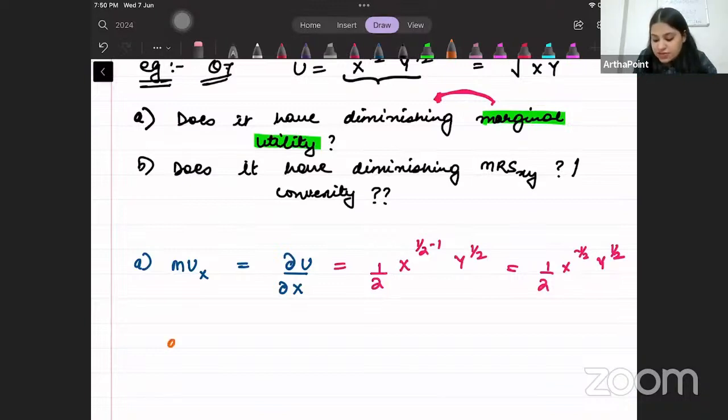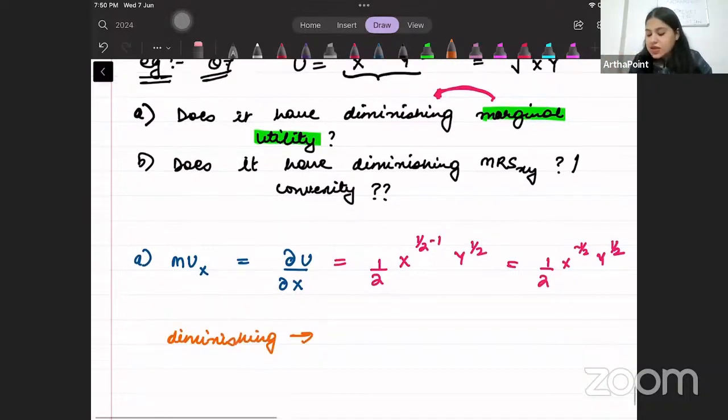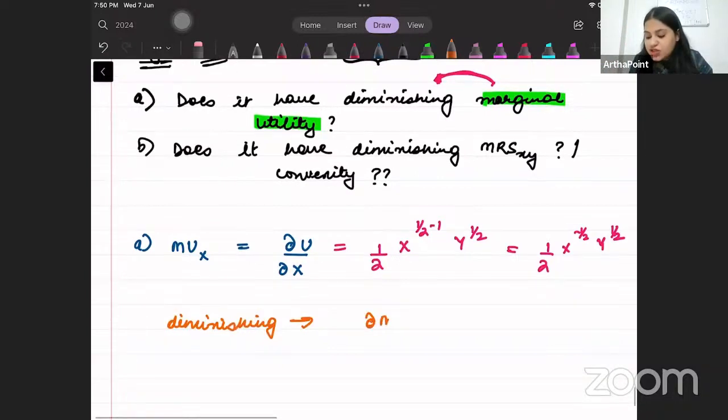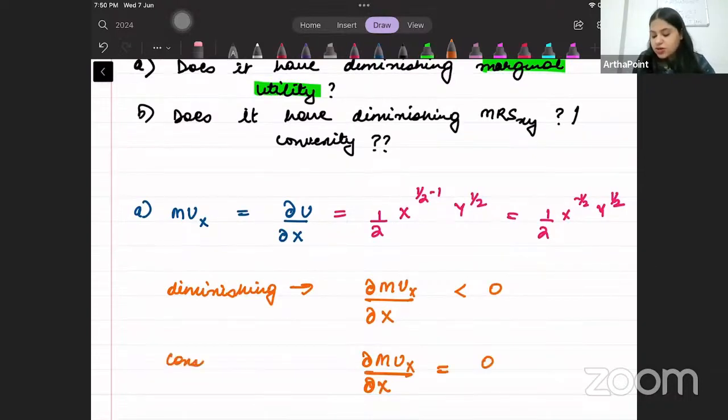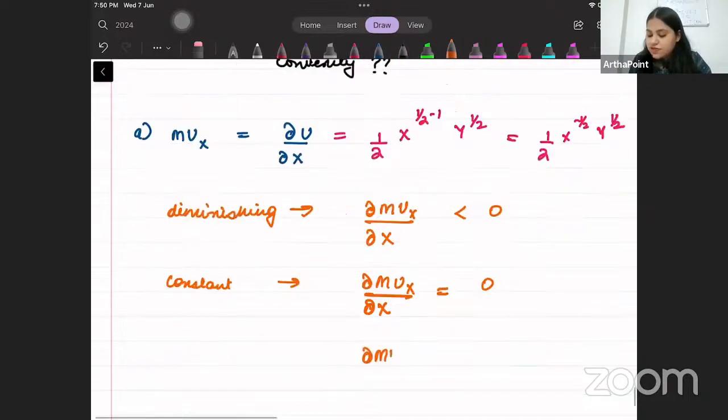If we want to check that it is diminishing, we want to ask how marginal utility changes as I change the consumption of good X. If this is negative, then it diminishes. If it is 0, then it is constant. Marginal utility is constant. And if it is positive, then it increases.